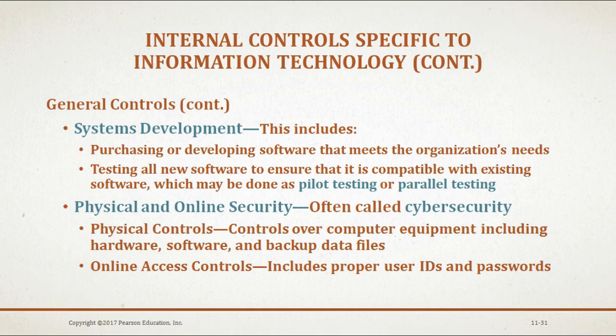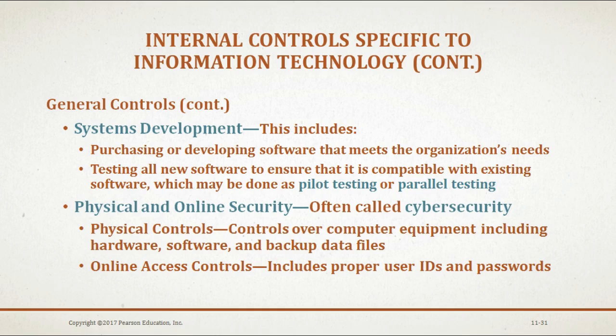Systems development is a general control that includes purchasing or developing software that meets the organization's needs, as well as testing all new software to ensure that it is compatible with existing software, which may be done as pilot testing or parallel testing.